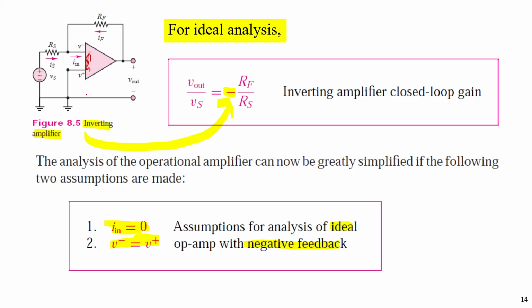The voltage in between these two pins is zero. And the property of the op-amp is also that I in is zero, no current flows into the op-amp. So this is the inverting amplifier, and this is the gain of the inverting amplifier.